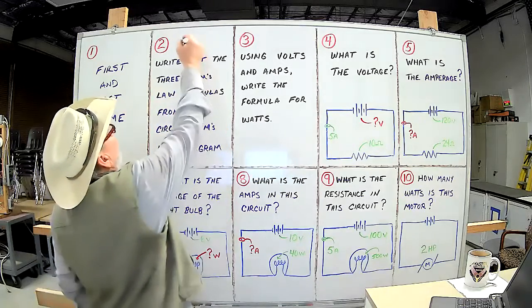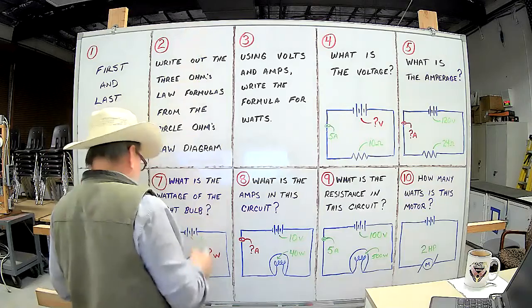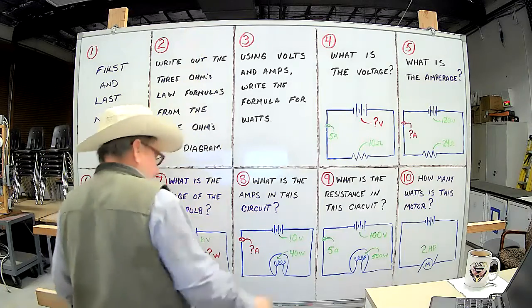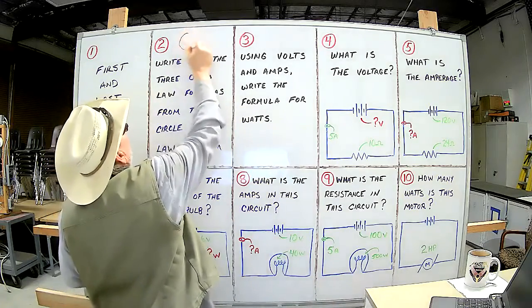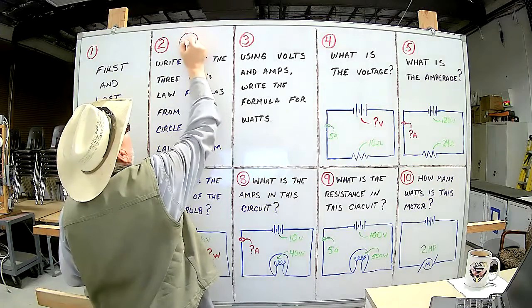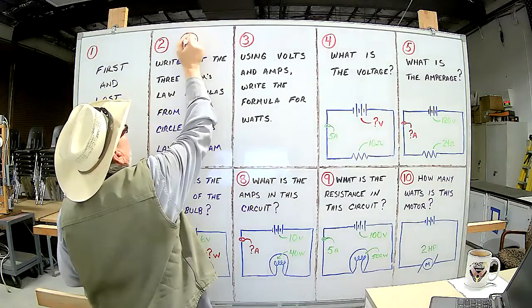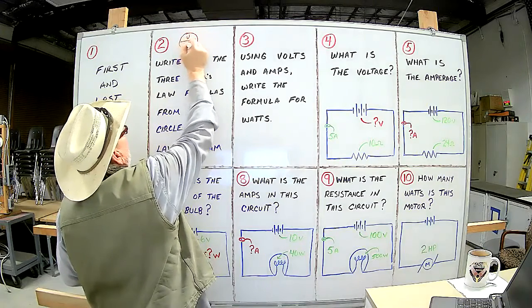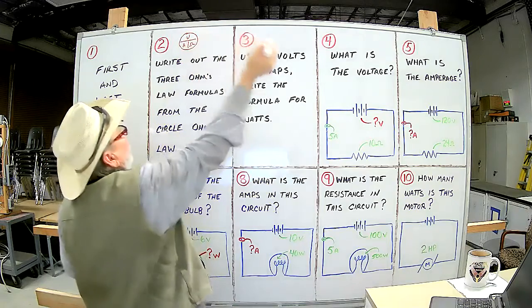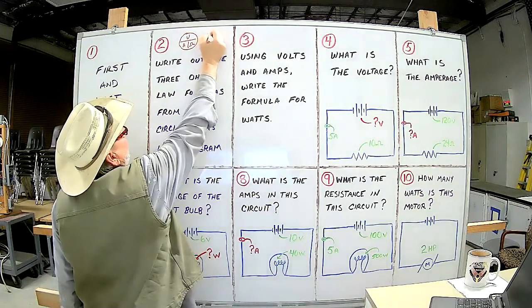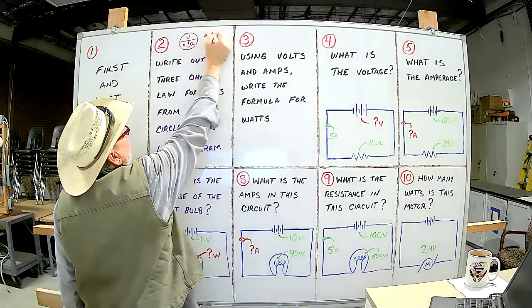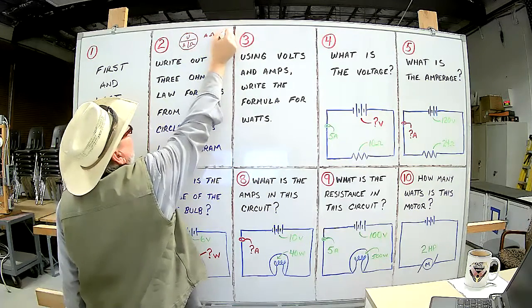Well, you guys know that that is going to be this right here. Okay. You got your volts on top, you got your amps, and you got your ohms. So basically, you're going to have your amps times your ohms, you're going to equal your volts.